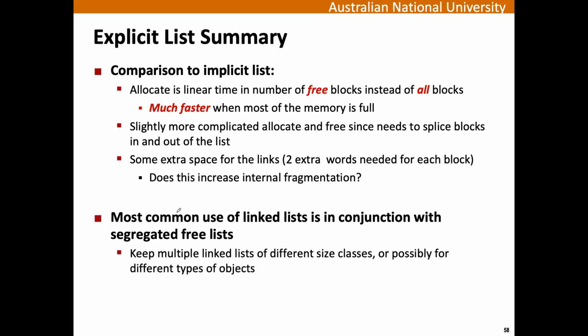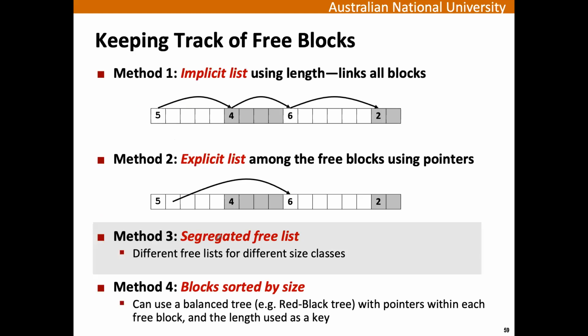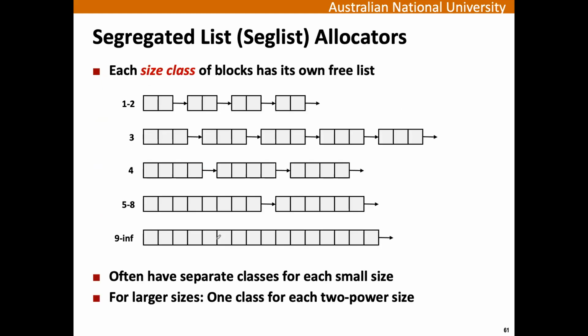Typically an explicit free list is used with a segregated free list, which we're going to look at next. So segregated free list, we have multiple lists. Segregated means we are segregating the lists based on size.